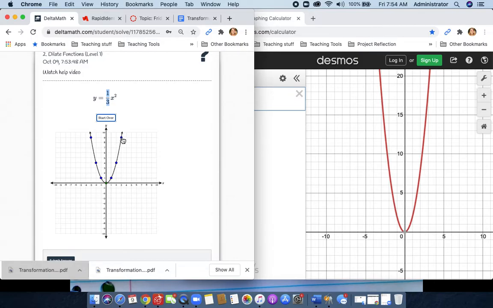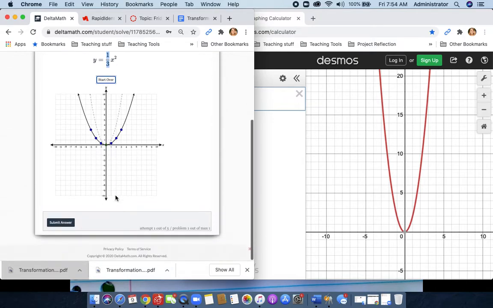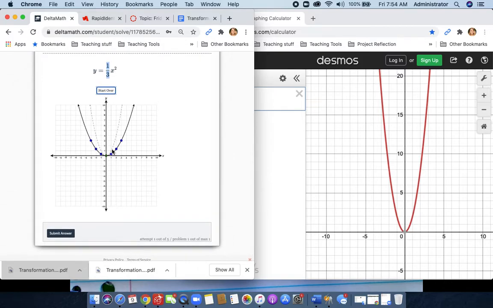So that would mean instead of going out 3, up 9, I go out 3, up 1/3 of 9, which is definitely at 3. So I did (3, 3). So again, if you put it really close, thinking about where 1/3 would be, you're going to get it right. But certainly if the output value, either 4 or 9, is divisible by that 3, that makes it a little easier too.